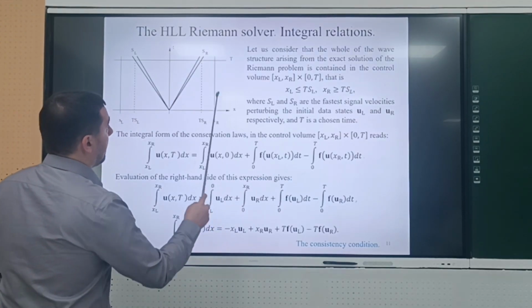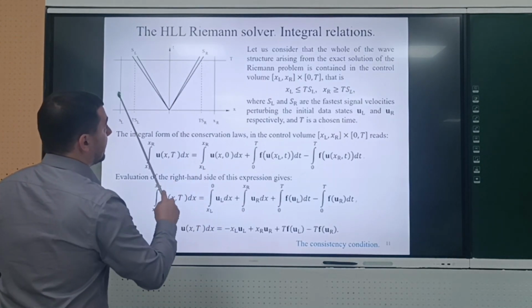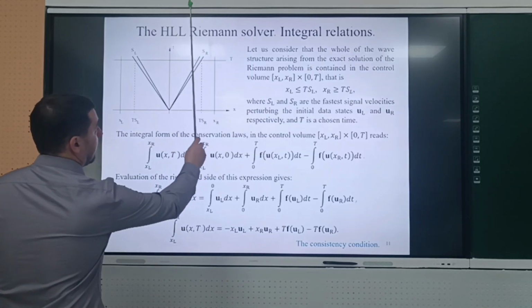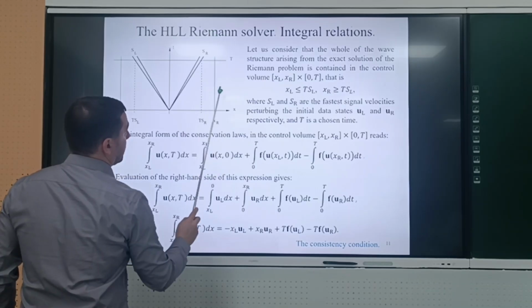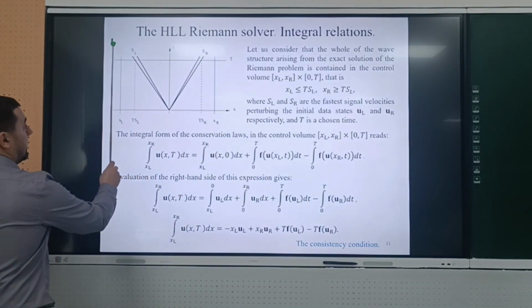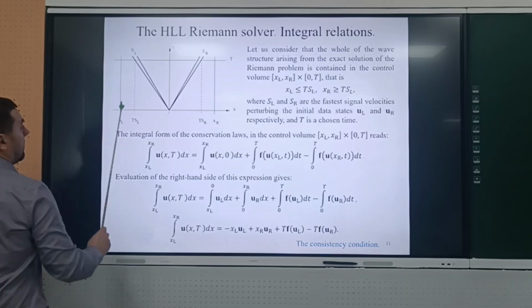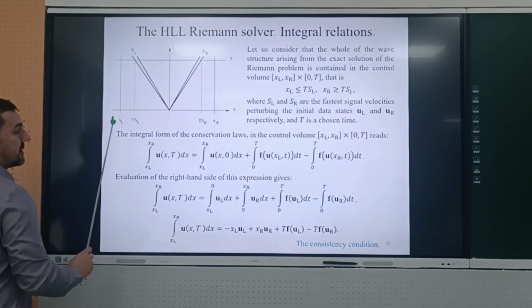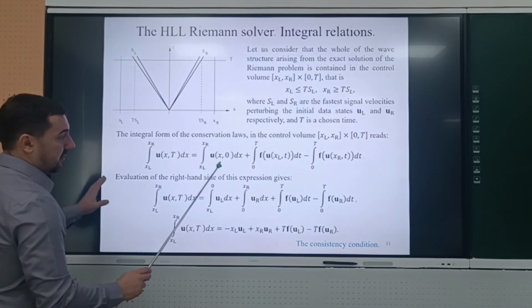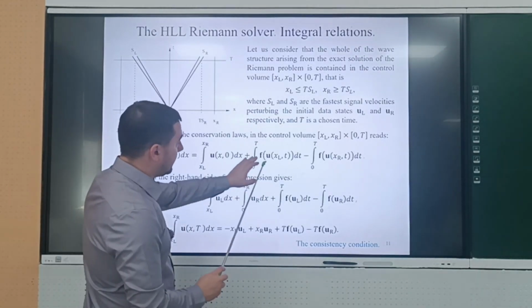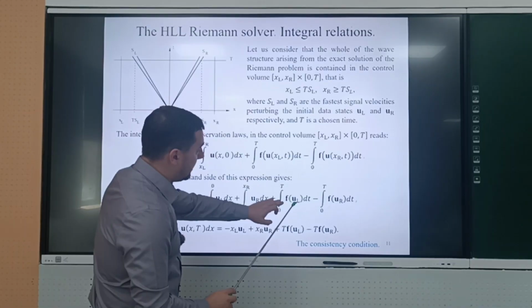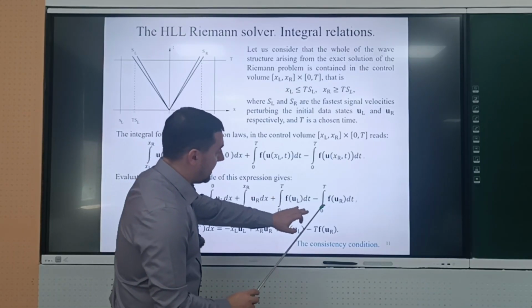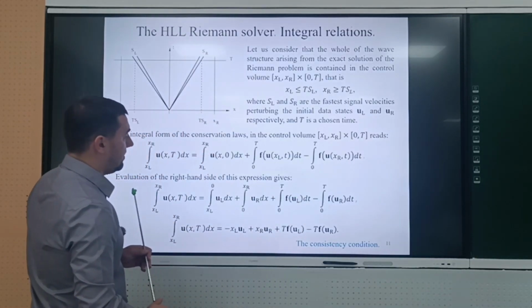Here our control volume contains the whole structure. So at this edge the parameters are constant and correspond to the right state, UR. And at this edge of our control volume the parameters are also constant and correspond to UL. So we can write that F of U(XL,t) is just F of UL, and this is just F of UR.